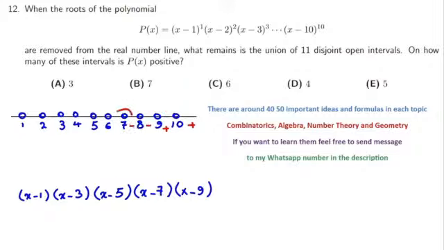And then when we go from here to here, only the sign of this part will change, so it will be plus, plus. For 5, only this one will change, negative 1, plus, plus, and negative 1 for this one. So in how many parts is P(x) positive? 1, 2, 3, 4, 5, 6. So it is 6.